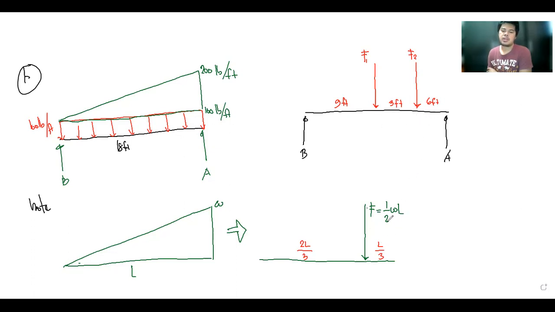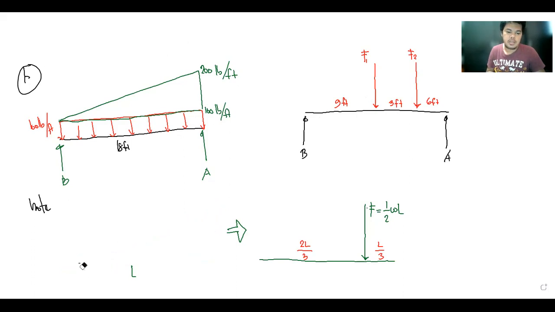So L over 3, and the distance from this point to the other end is 2L over 3, so 2 times 18 divided by 3 makes it 12. This is the final free body diagram of the given simply supported beam.